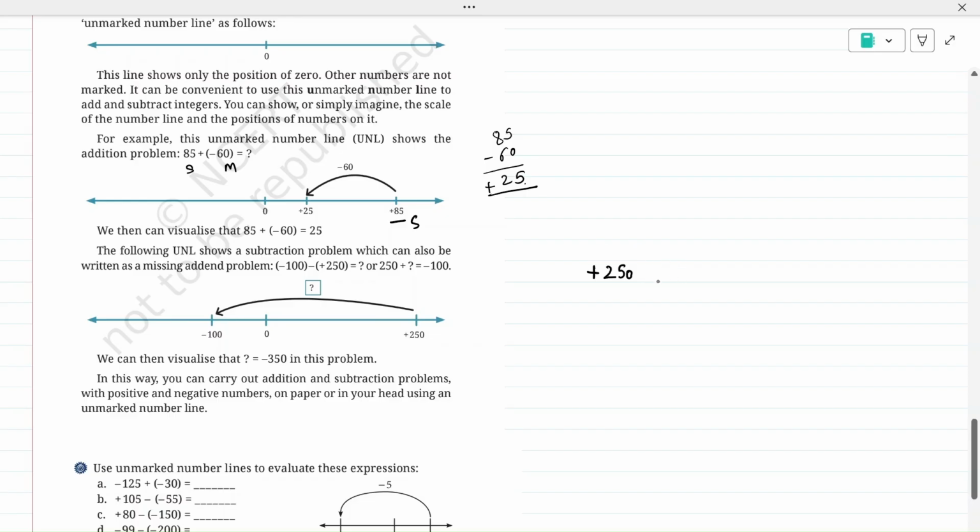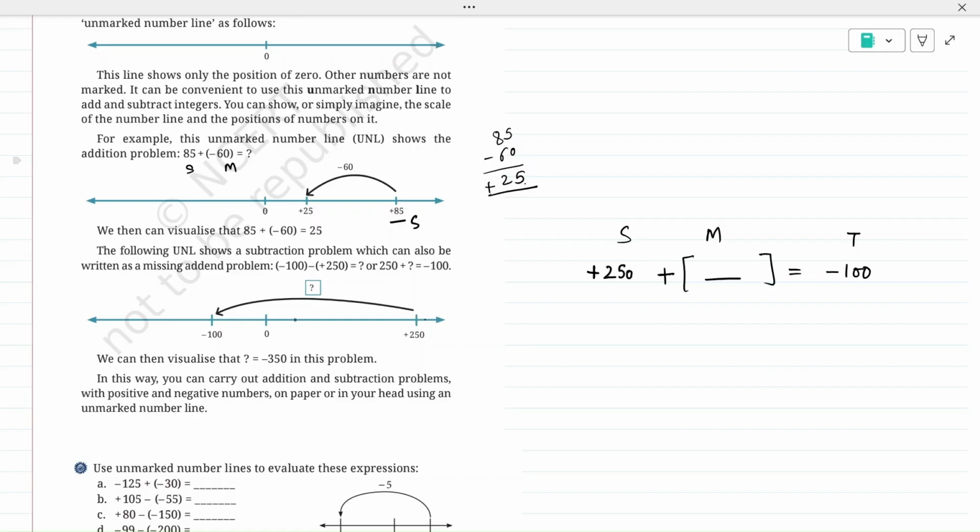Since it is moving back, we will have minus here, and then some number to reach minus 100. You can also compare this with the starting point, target, and the movement. So I'll take plus here.